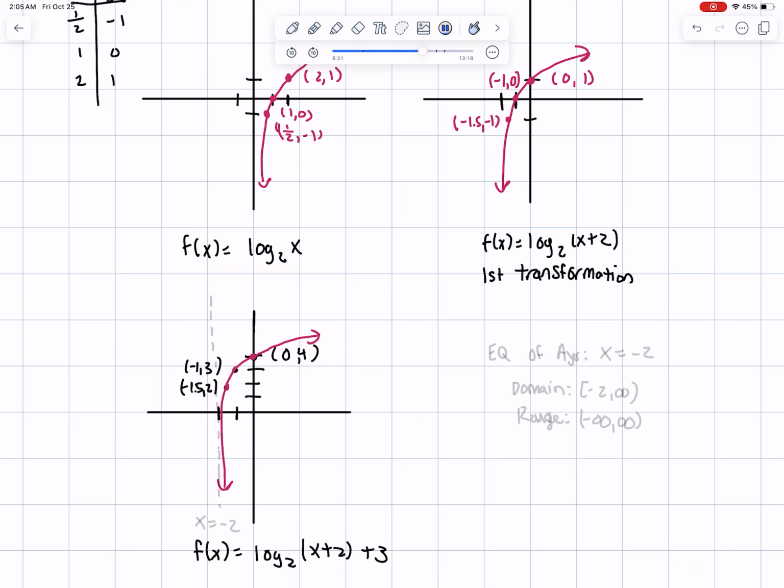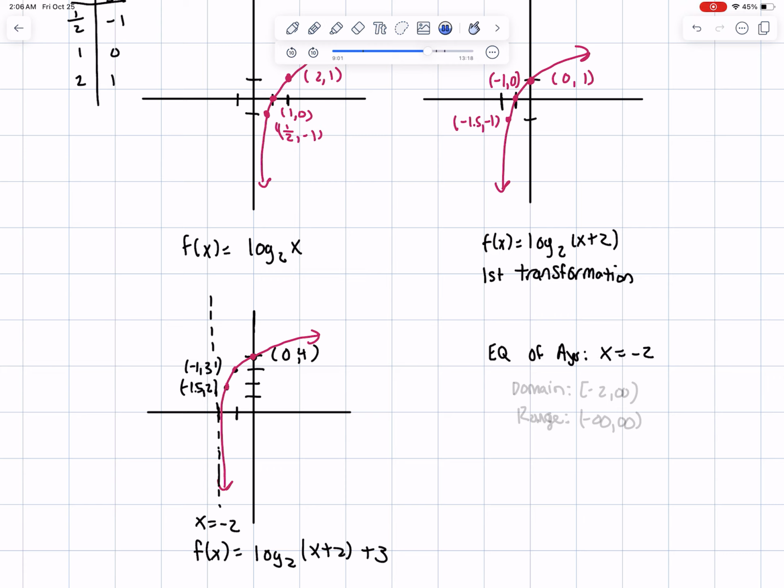So we had x plus 2, and we know the x plus 2 landed up going to the left 2, so we know that now our x is minus 2. So we know our equation is x equals minus 2.